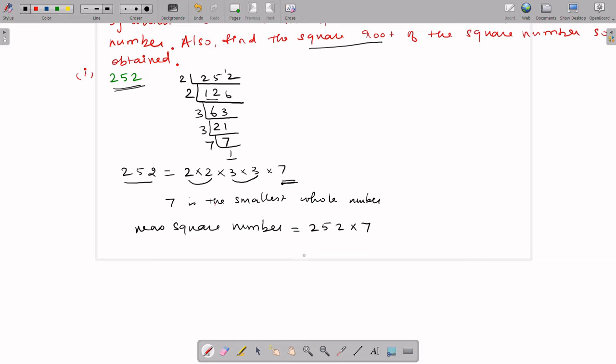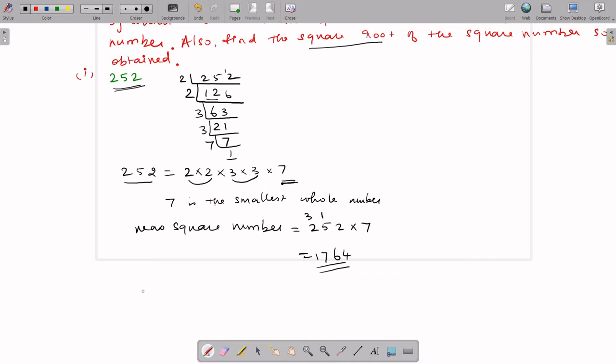Here you multiply: 7 2s are 14 and remaining 1. 5 7s are 35, 35 plus 1 is 36 and remaining 3. 7 2s are 14, 14 plus 3 is 17. 1764 is the new square number.